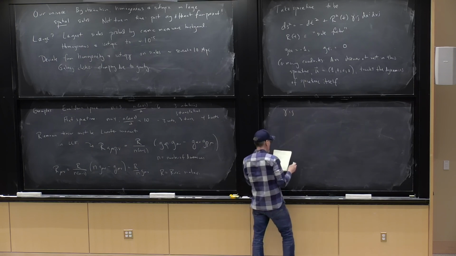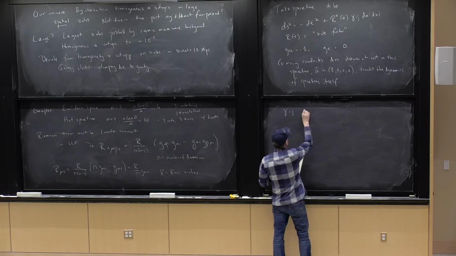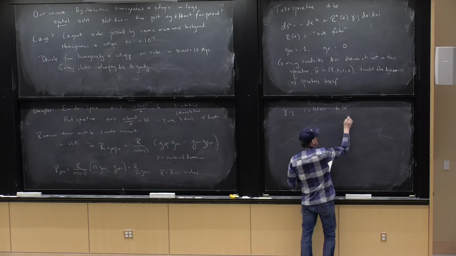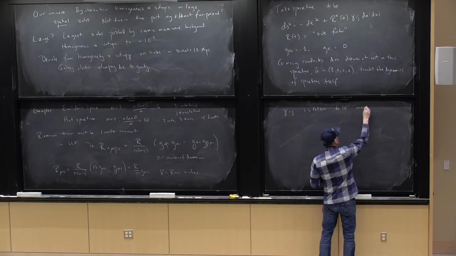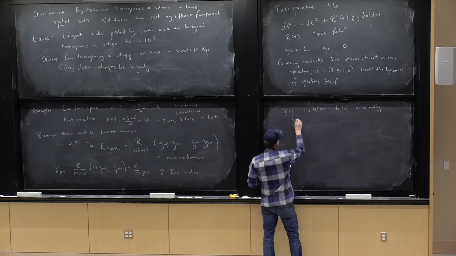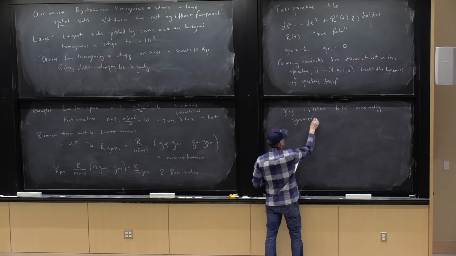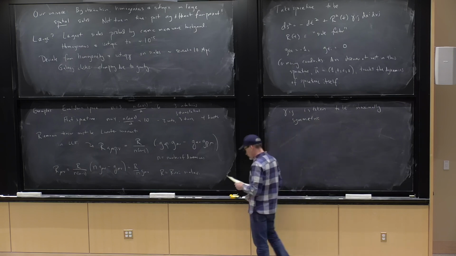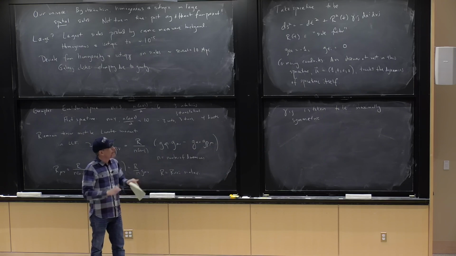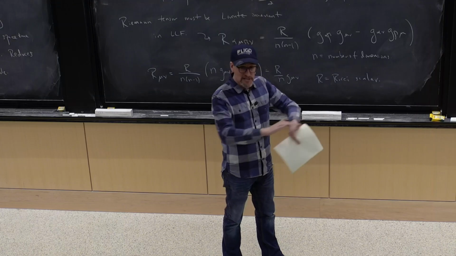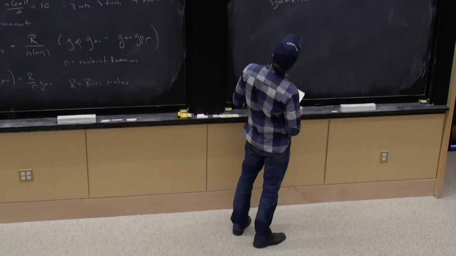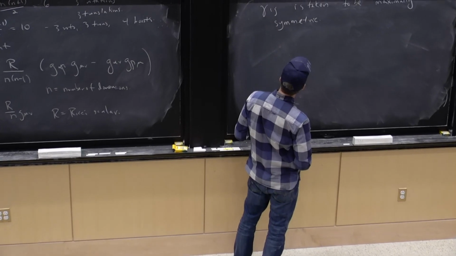I'm going to take gamma ij to be maximally symmetric. This is my statement that at any moment of time, space is maximally symmetric. A few words on the units of a few things that I'm going to set up here.